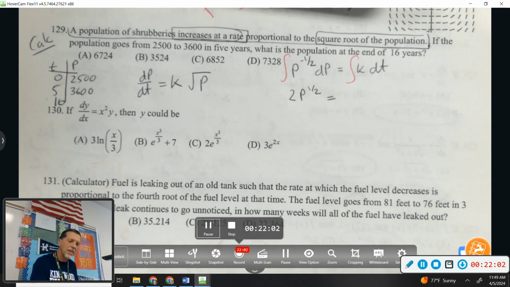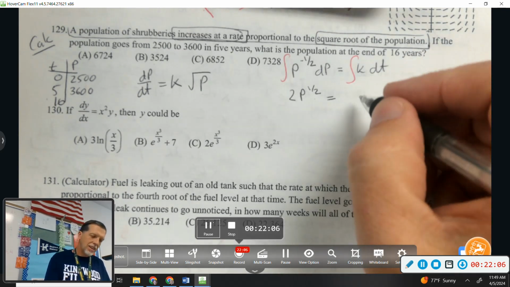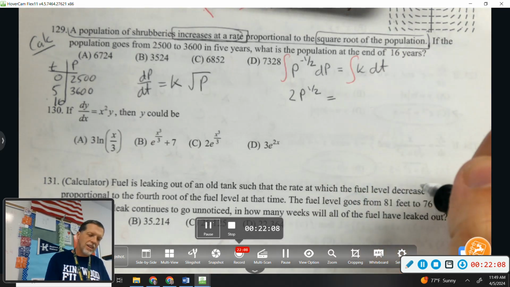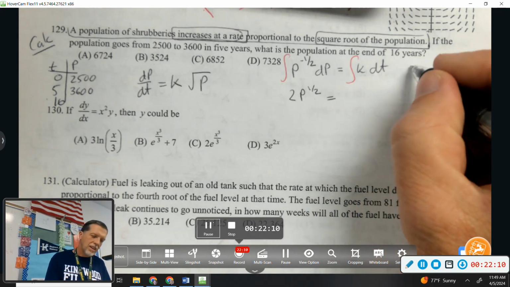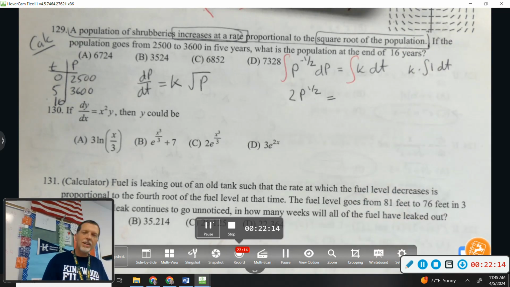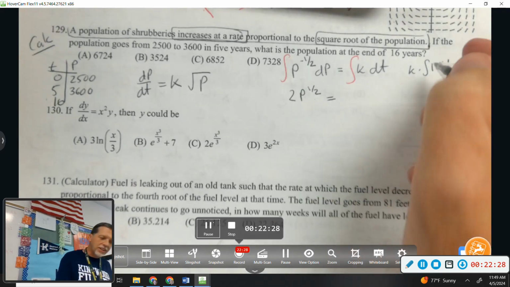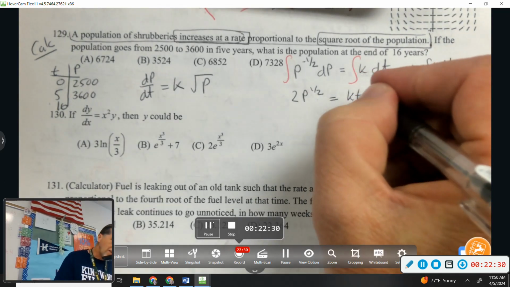The antiderivative of k dt? Or k times the antiderivative of 1 dt, if that helps. What has a derivative of 1? x, or t in this case. So kt plus C.